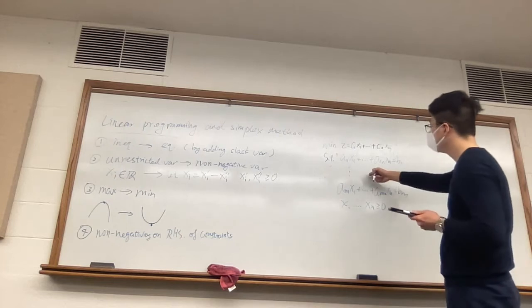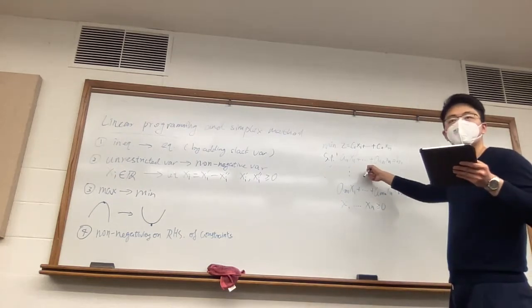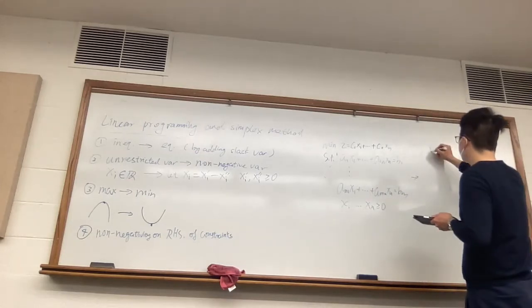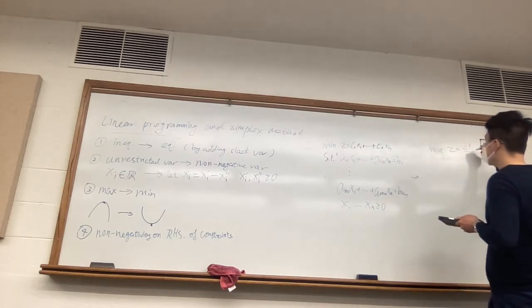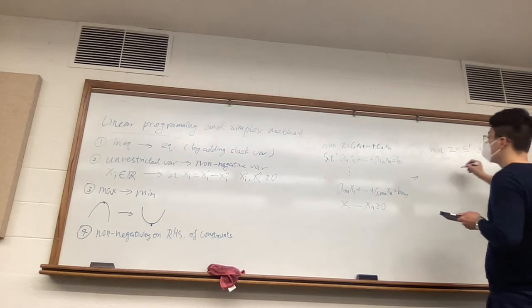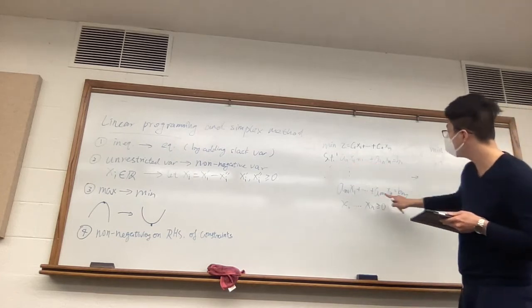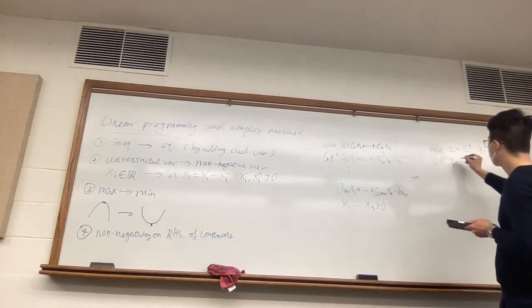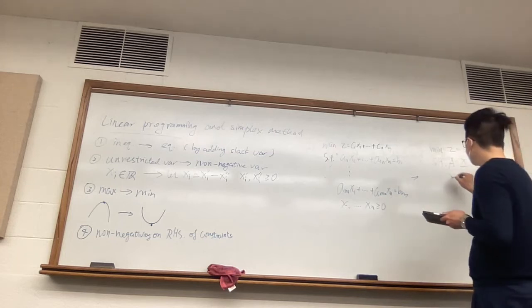Have you all learned linear algebra? Okay. Actually we can transform this into: minimize z equals c transpose times x such that, from a11 to amn, this is the matrix A times x, equal to b.